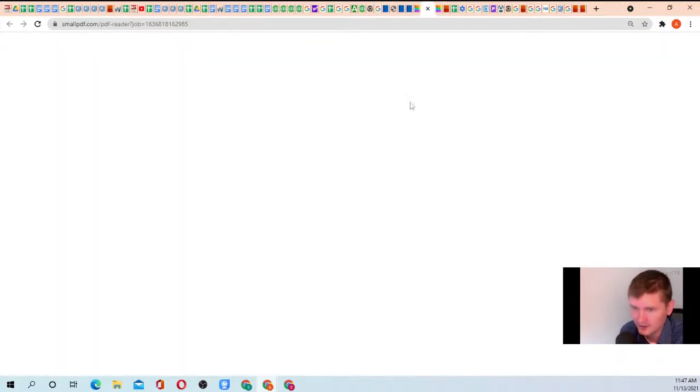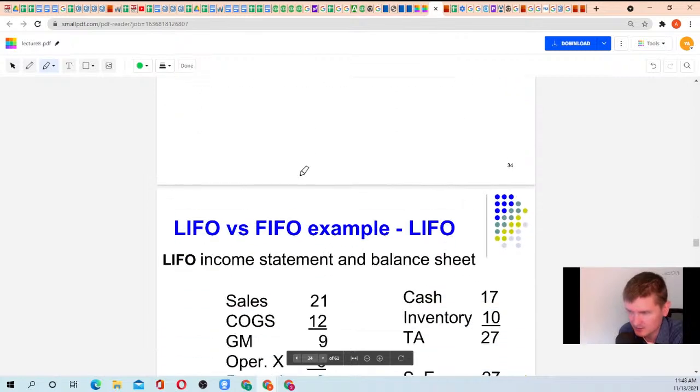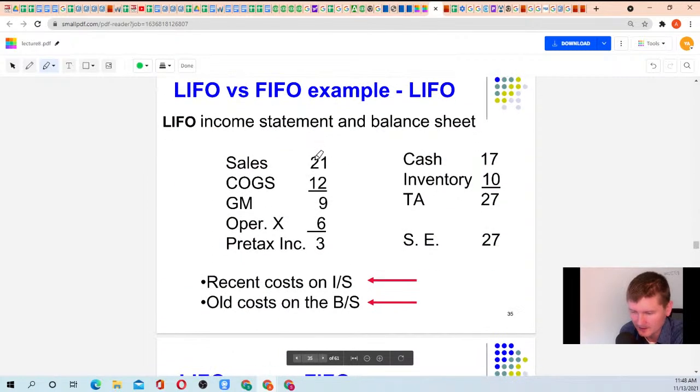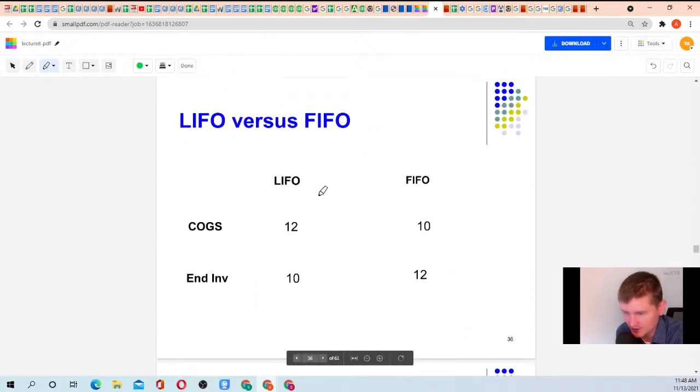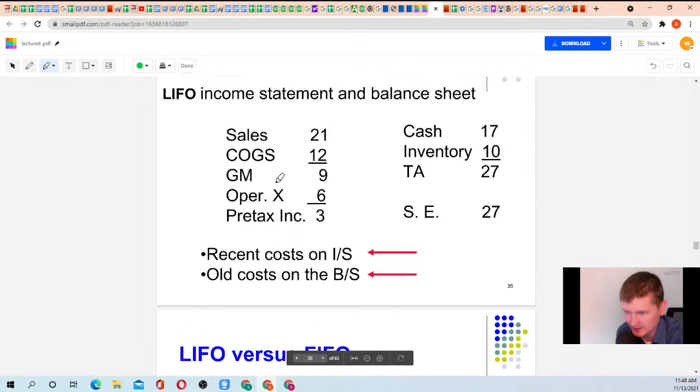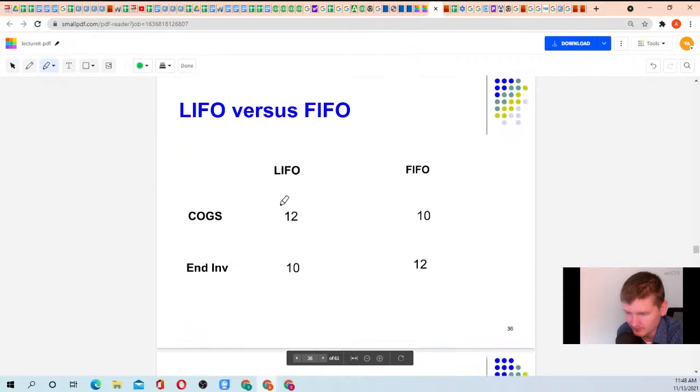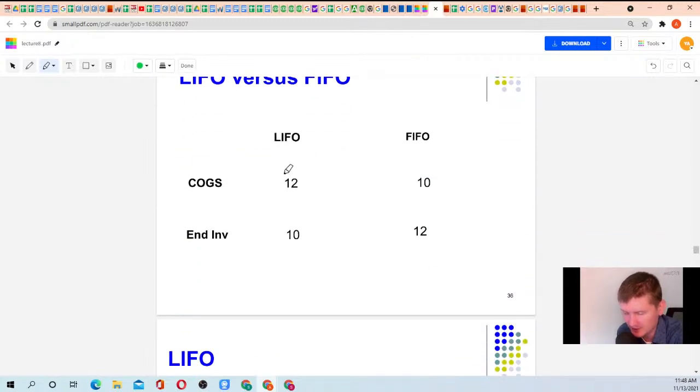Okay, where is our lecture? Income statement and balance sheet. Here they provide the same exercise as we did in the spreadsheet. LIFO, FIFO. As you see, assuming the inventory increases in cost, which happens historically due to inflation, in LIFO our cost of goods sold will be higher compared to FIFO.